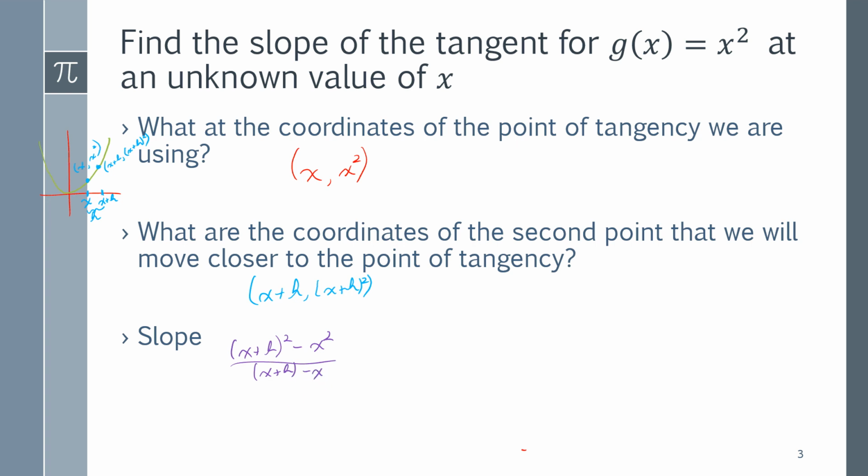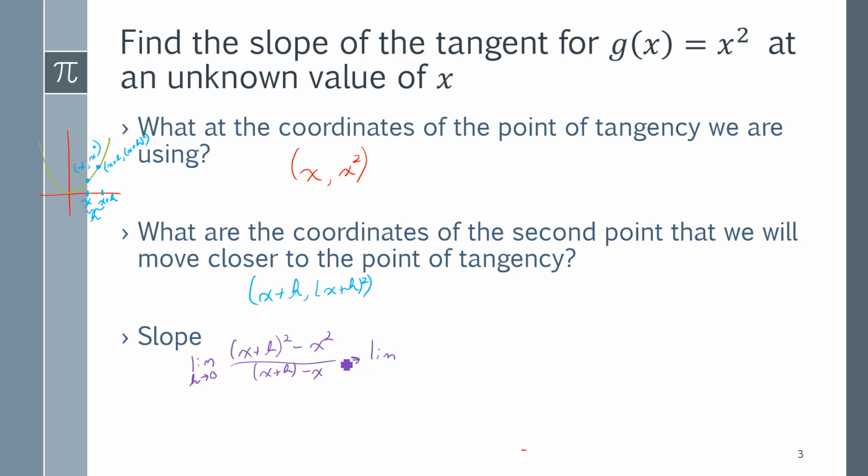But that's still a slope between a secant. I need to move those 2 points closer together. So I will be taking the limit as the distance between them, h, approaches 0. In other words, as I move the 2 points infinitely close together.